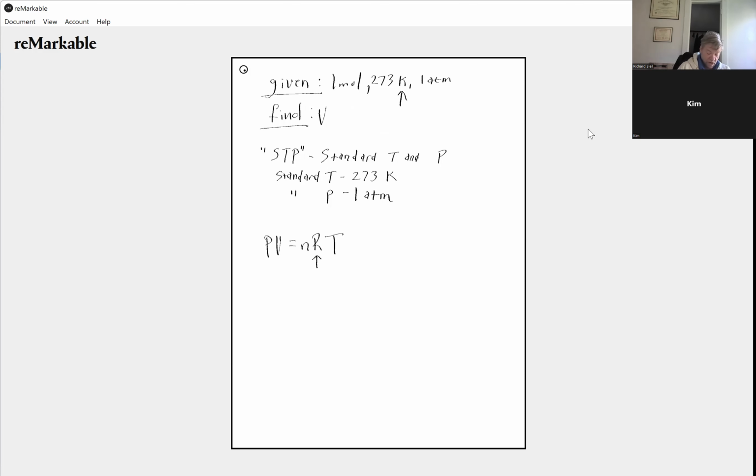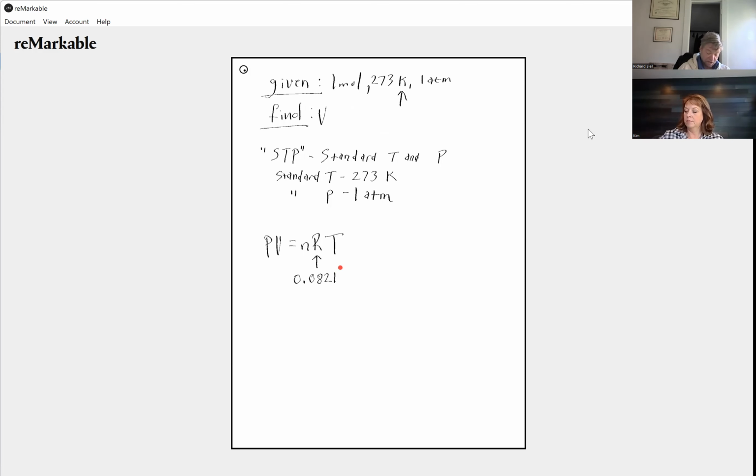So that's what we do. And that value of R, if you recall, I gave this to you once before. I only need 3 sig figs. It's 0.08206, but we only need 3 sig figs.